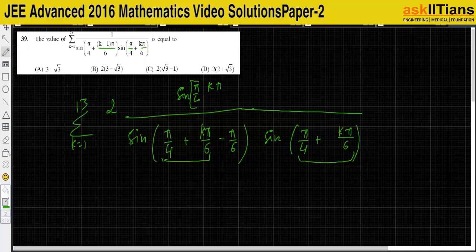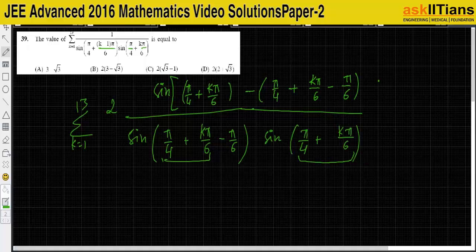So pi by 4 plus k pi by 6, this angle, okay, let me write it like this, sine of pi by 4 plus k pi by 6 minus the other angle, that is pi by 4 plus k pi by 6 minus pi by 6.